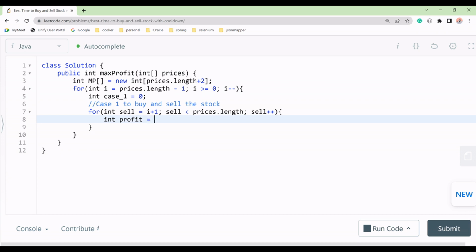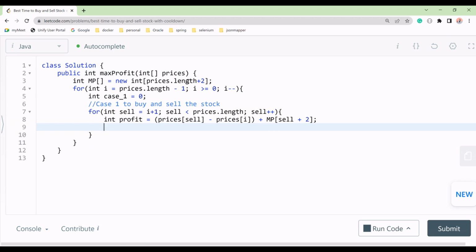And this profit we have to get from prices at sell, at which we have sold, minus prices at i, and then we will add MP, that we have taken already. Then we will do MP of sell plus 2, like this.